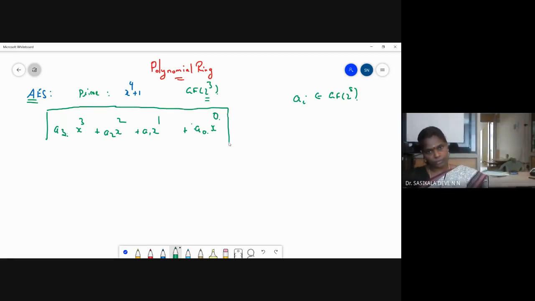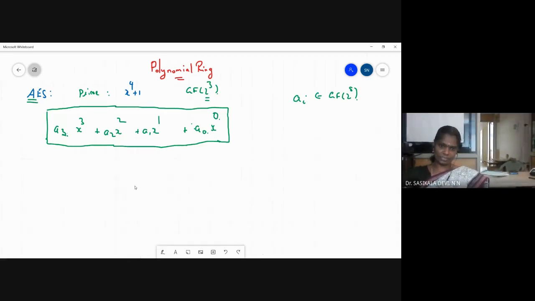The AES mix column round is based on a polynomial with a degree of at most 3. So this is a polynomial ring, and the mix column round is based on addition, subtraction and multiplication over the polynomial ring. So we need to know how to perform these operations with this polynomial ring. Let's get into an example.